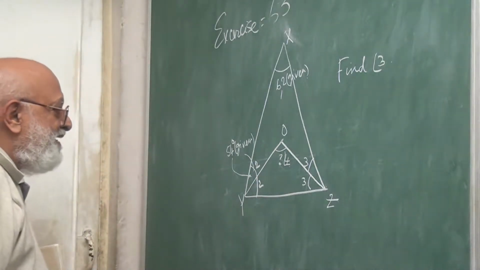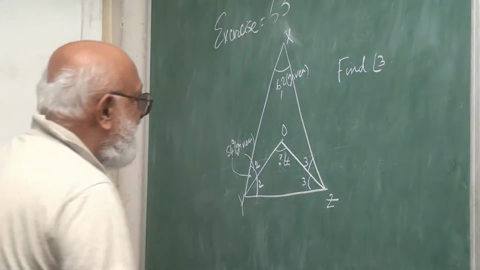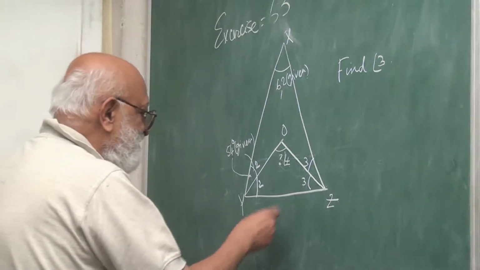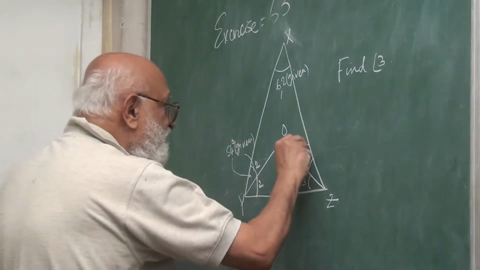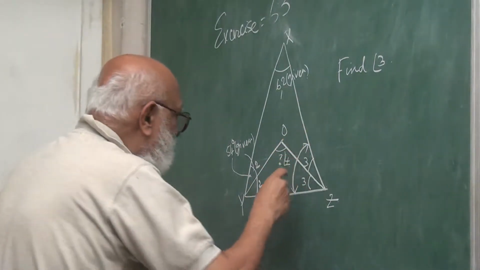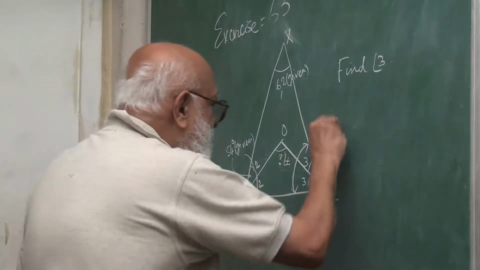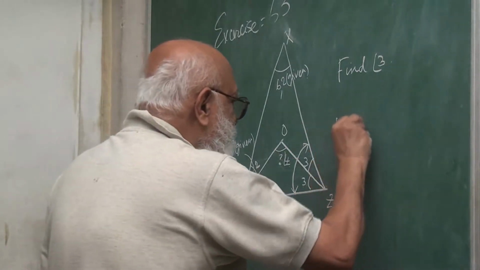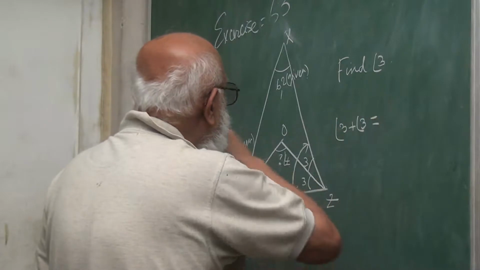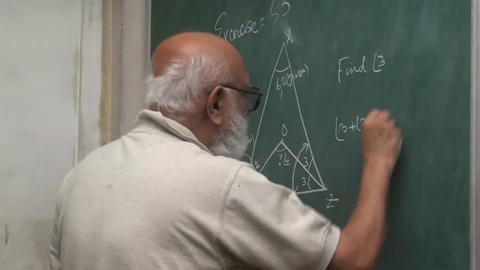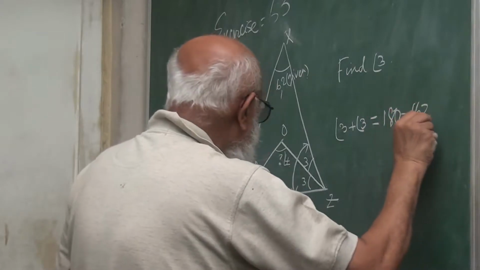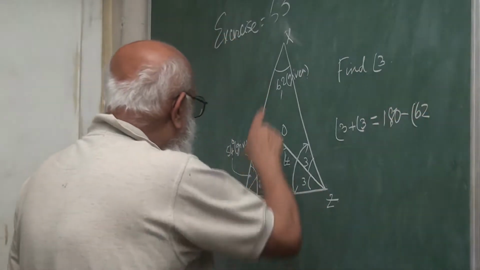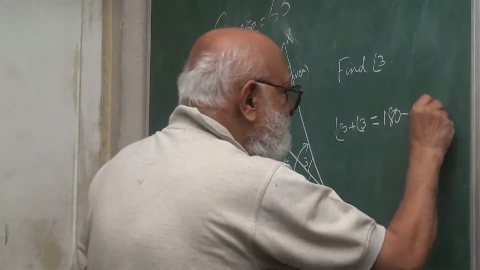I can take care of this angle. I can get this whole angle. This whole angle will be what? This will be again from the sum of angles. So angle 3 plus angle 3 will be equal to 180 degrees minus 62 plus 54.